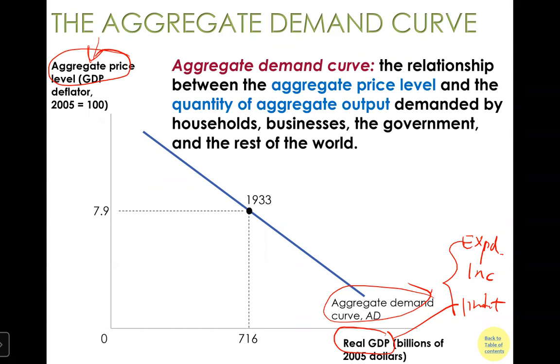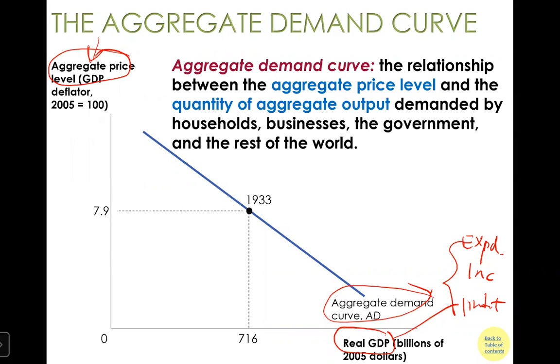But when we study the demand curve in microeconomics, what do we look at? We look at the price of a particular thing, right? We look at the price of cotton and the demand for cotton. We look at the price of a laptop and the demand for laptops, right? Here, we look at the aggregate price.